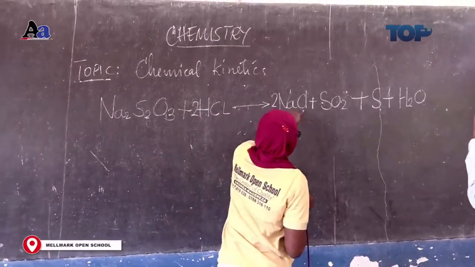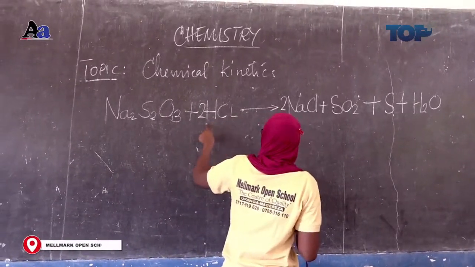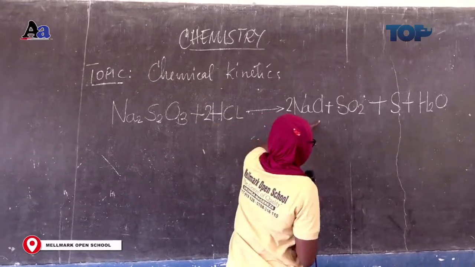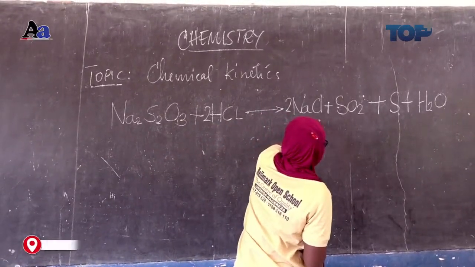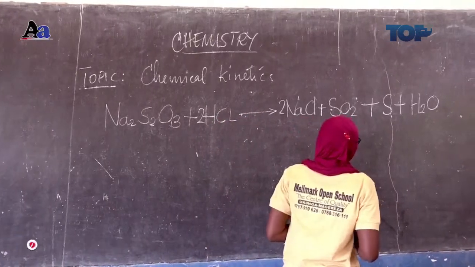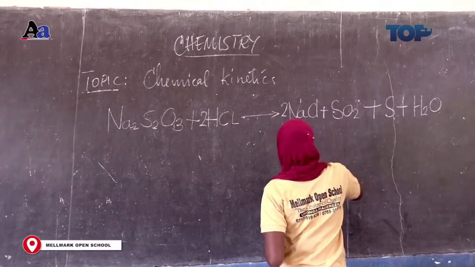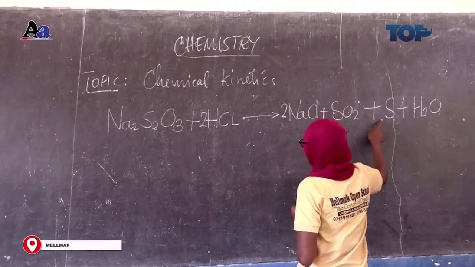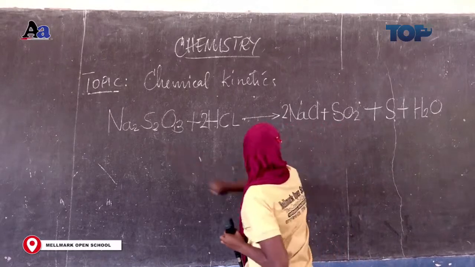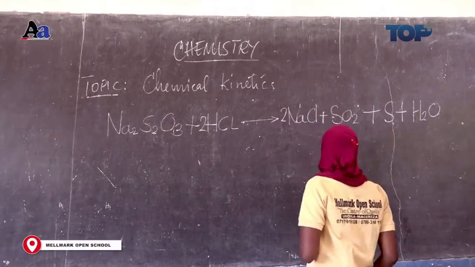Also, we have two chlorine in reactant side. Also, we have two chlorine in product side. Also, we have two sulfur in reactant side. Also, we have two sulfur in product side.